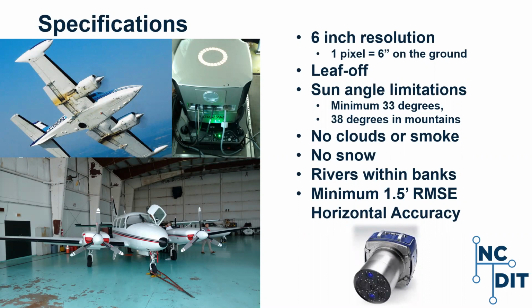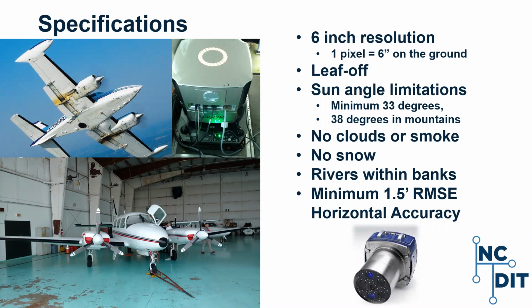And that imagery is used for a number of purposes aside from agricultural productivity, but very important as a component in the GIS database, either at the state or the local level.